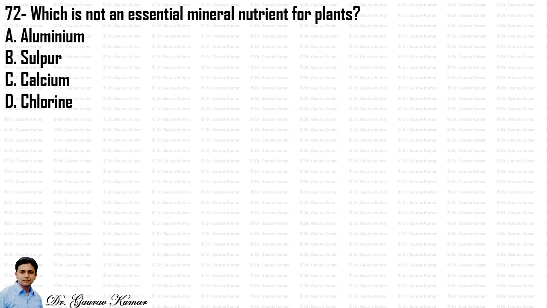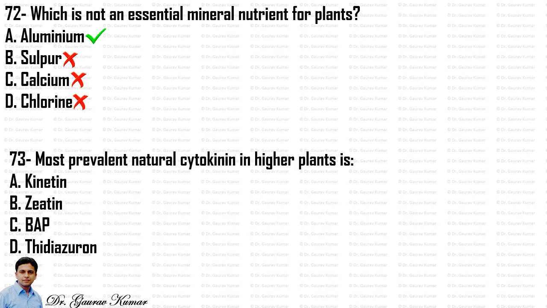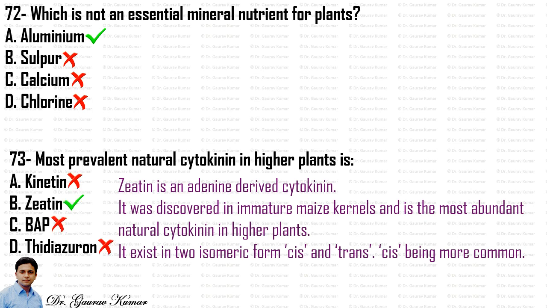Next question, which is not an essential mineral nutrient for plants? We know that out of these, aluminum is not an essential mineral nutrient for plants. Coming to the next question, most prevalent natural cytokinin in higher plant is? Zeatin is an adenine derived cytokinin.